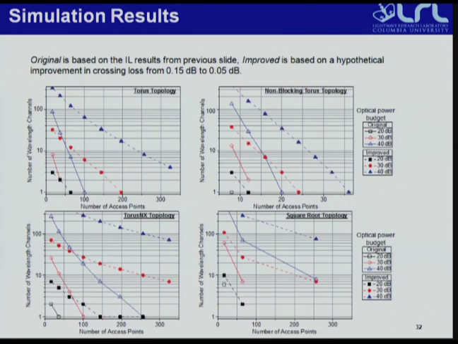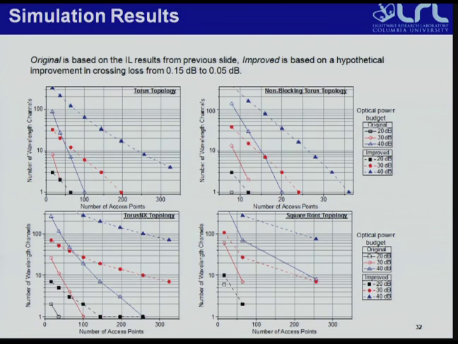If we take a look at some of the graphs for the number of wavelength channels that we could use for some of these networks, the solid lines represent different total optical power budgets depending on the detector sensitivities and the nonlinear threshold. And so again, the square root topology does the best.